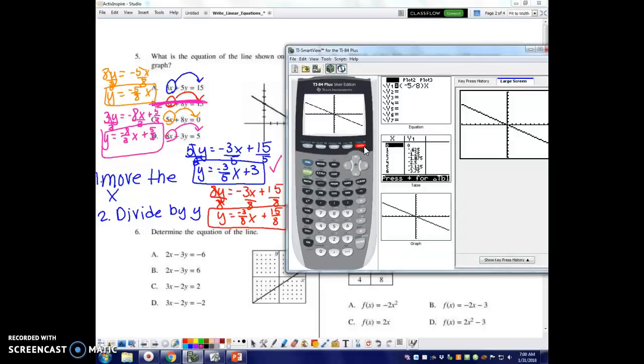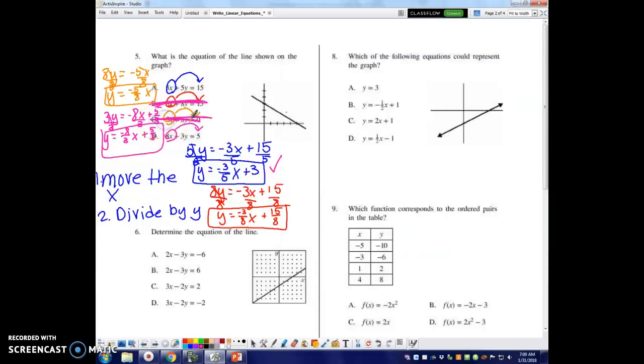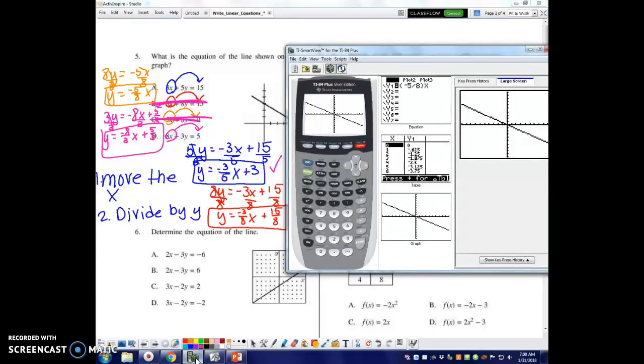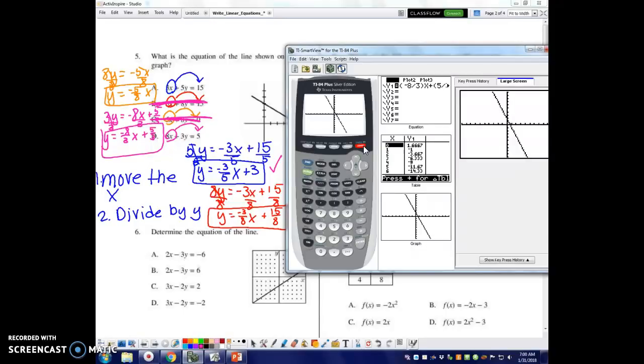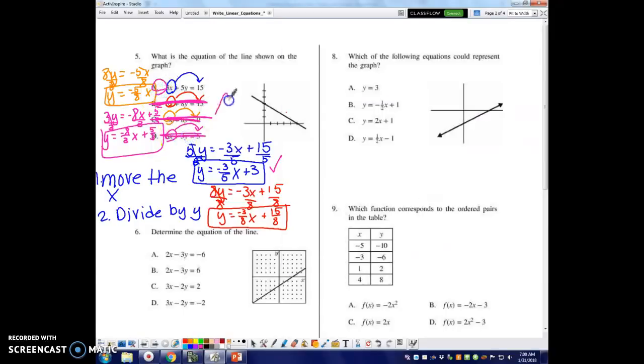Definitely not that. Definitely not C. It crossed through at 0. That's not what we want. Okay, very last one. Negative 8 over 3x plus 5 over 3. Yeah, no, that's not it at all either. So the answer here would be A.